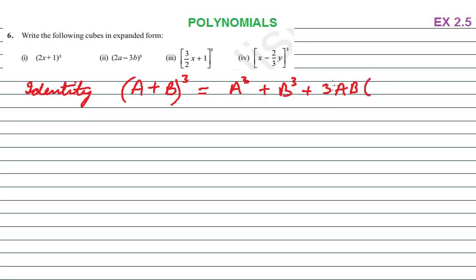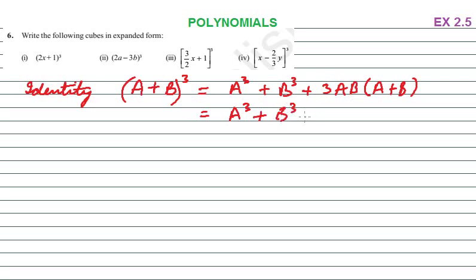Why? Because in addition to these terms, we will be applying a plus b here also. So you can learn this, or you can open this to learn this identity.